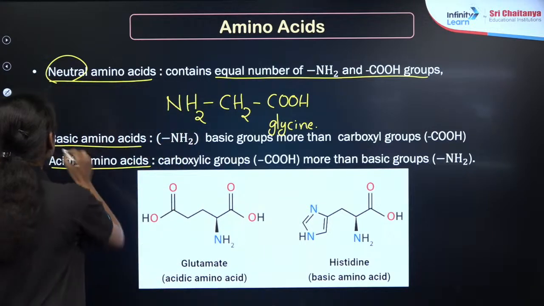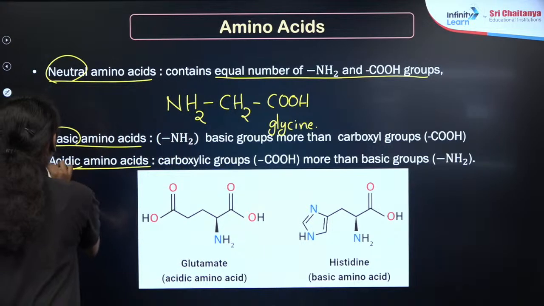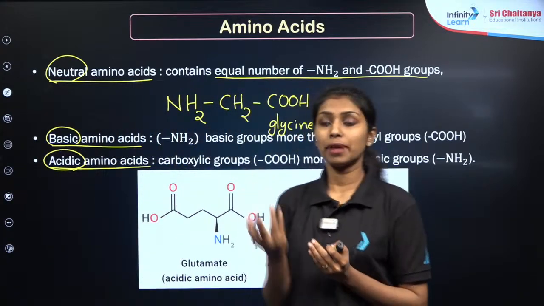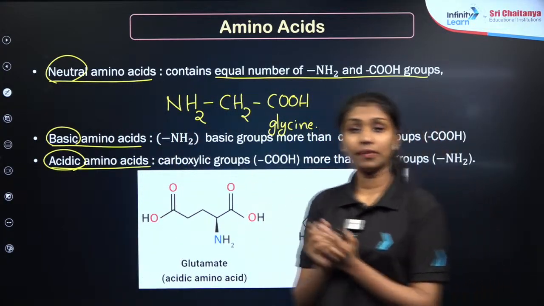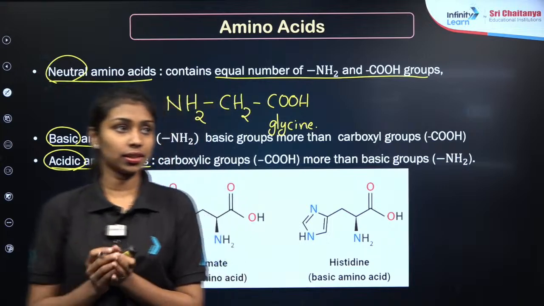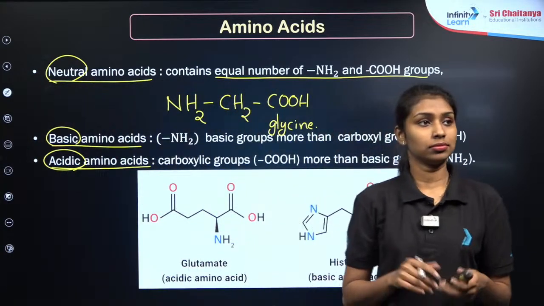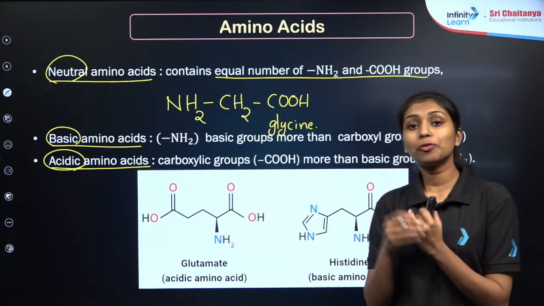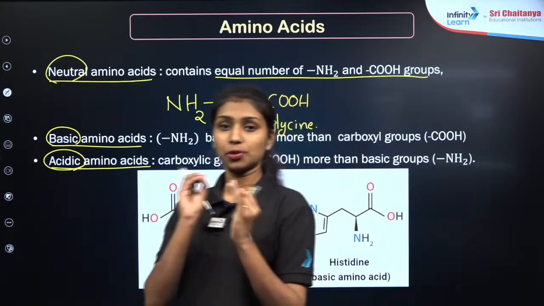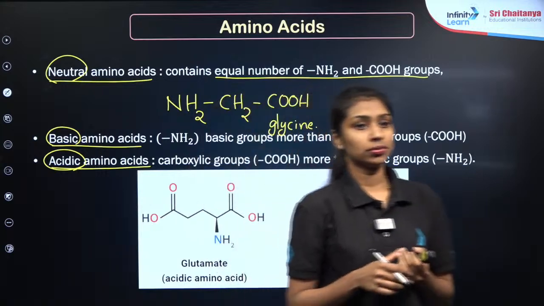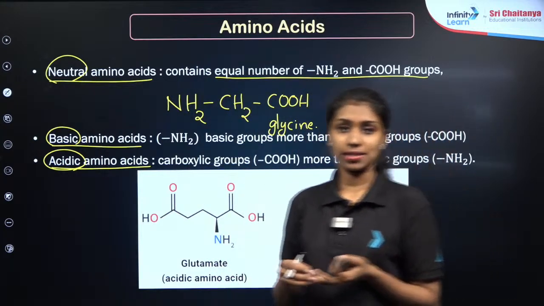The next classification is the basic amino acid. What do you mean by basic amino acids? Any idea? As compared to the number of amino groups and acid groups, which group will be more here, whether amino group or carboxylic acid group, in the case of basic amino acids?